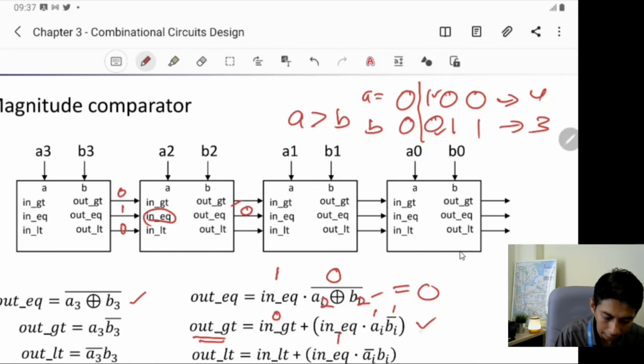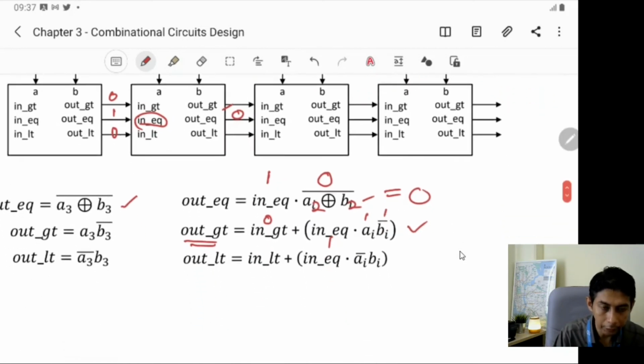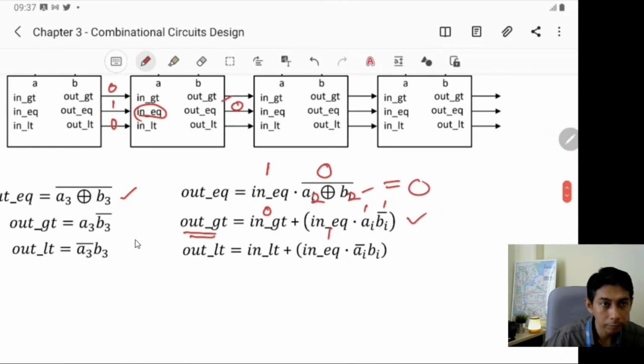So in here, you will have the output equal to 1. Again, y1 here we know is equal to 0, and this is an OR gate, in equal to 1.